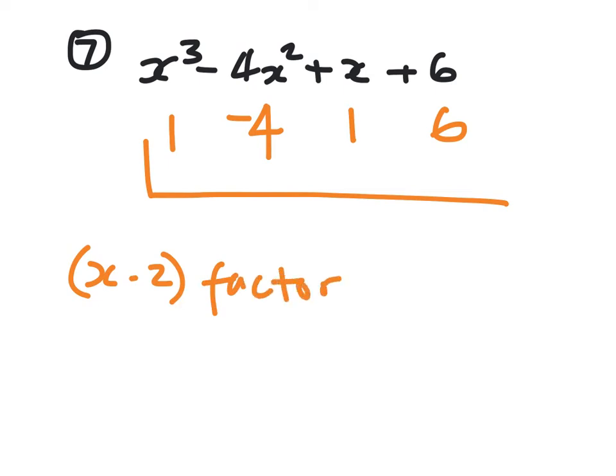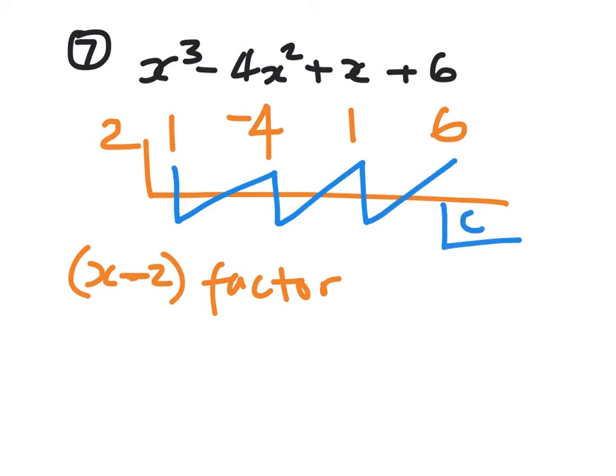So if x minus 2 is a factor, then it means we're going to put 2 in at the start here. Because remember, we always put the opposite sign to what's in the bracket. And then once you've done that, we do our procedure of add, times, add, times, add, times. And you'll know if you've done it correctly because you're looking for 0 here.